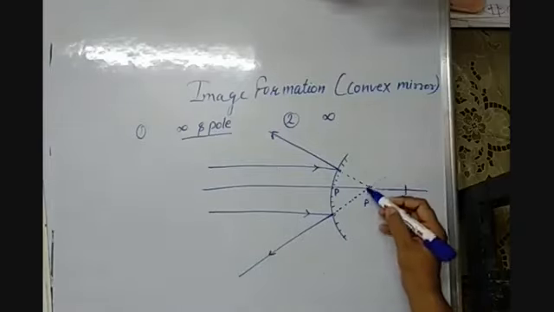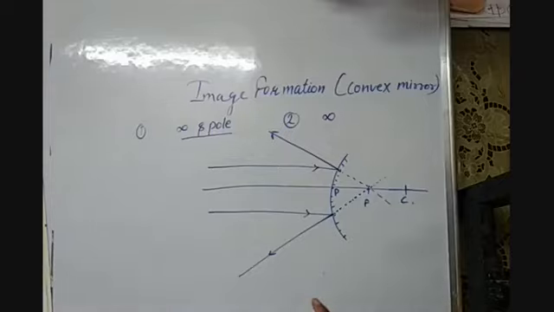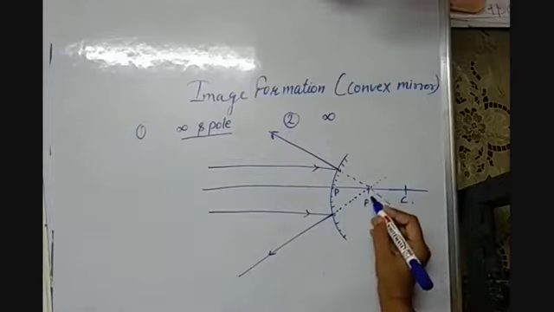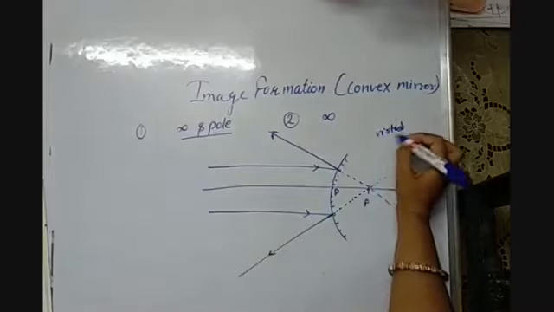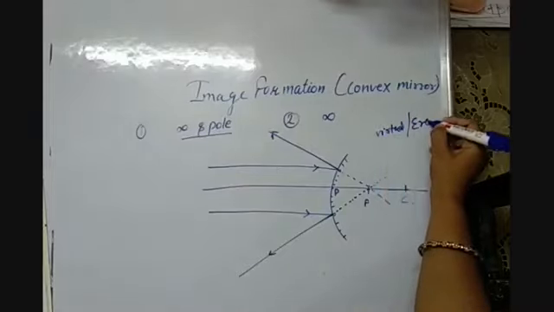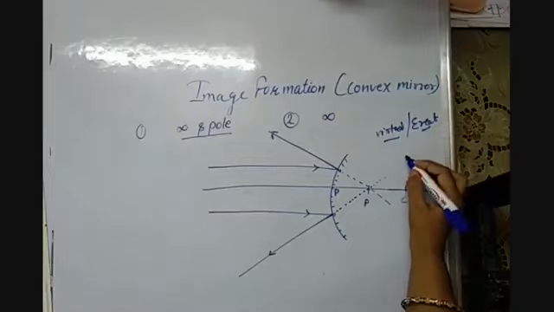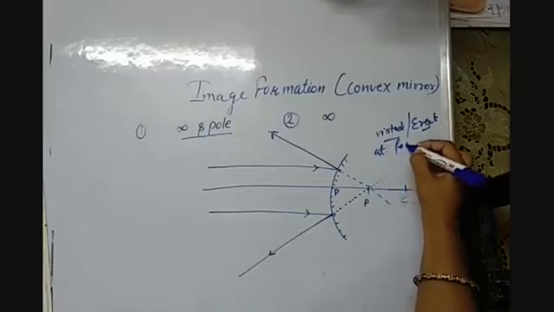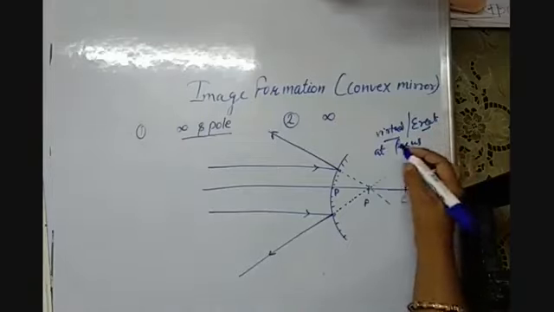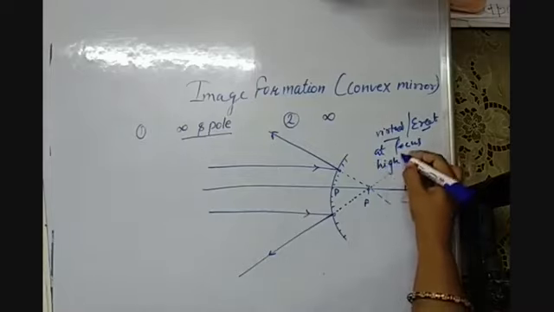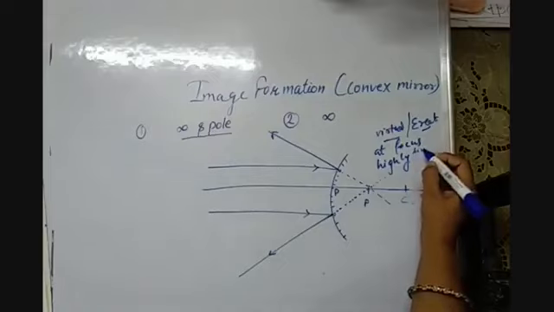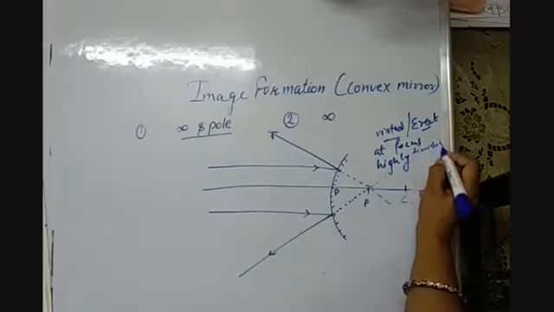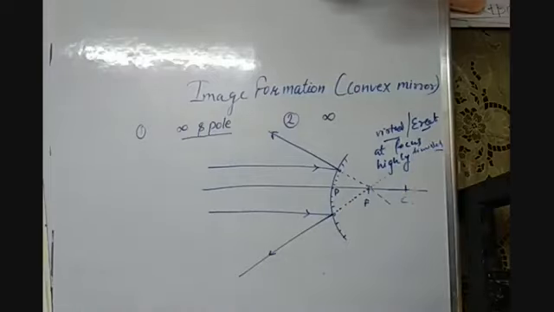So when the object is at infinite distance, we can obtain a virtual image. If it is virtual, then it will be erect. Virtual and erect image at focus behind the mirror, and highly diminished, or you can say pointed, image of the object using a convex mirror.